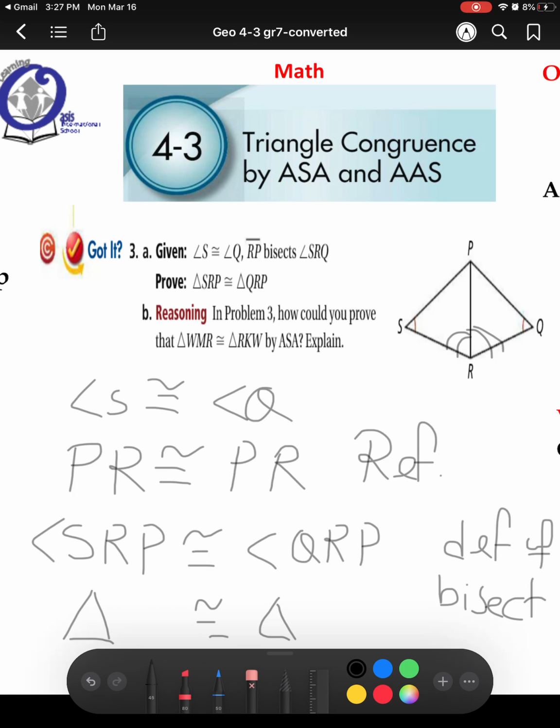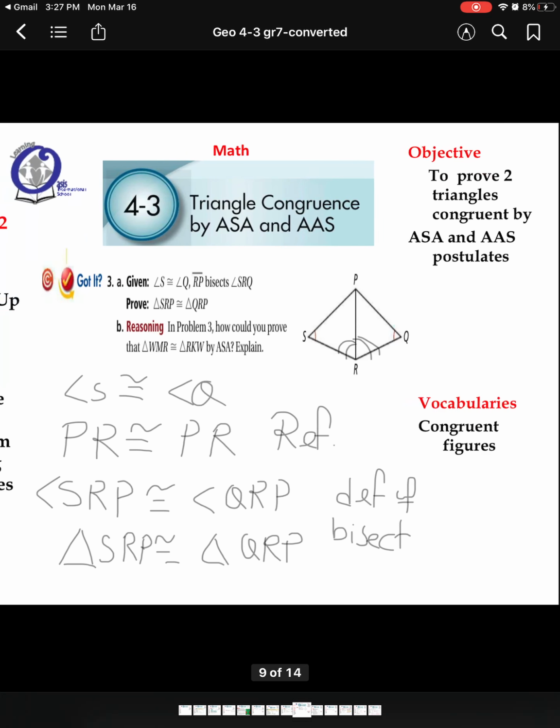Which side is the same? PR. So what do I say? I will say that the triangle, here the S is with the Q, the R with the R, and the P with the P. So PR and PR, angle S with angle Q, and we proved the congruence.